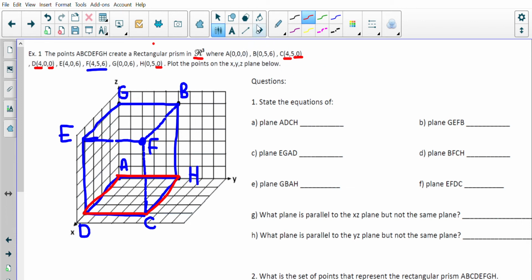The one thing that all those points A, D, C, and H have in common is that they have no height. Z is equal to 0. So the plane ADCH is the equation Z equals 0. Because for each one of the points on that floor, your height is 0. That's why it's the floor.